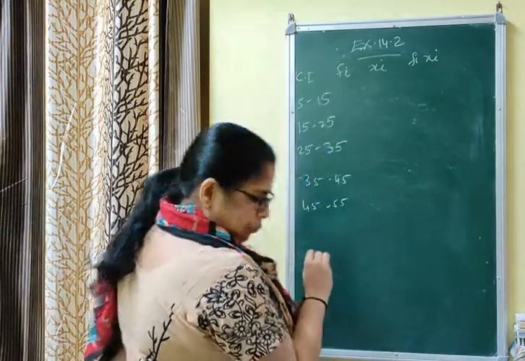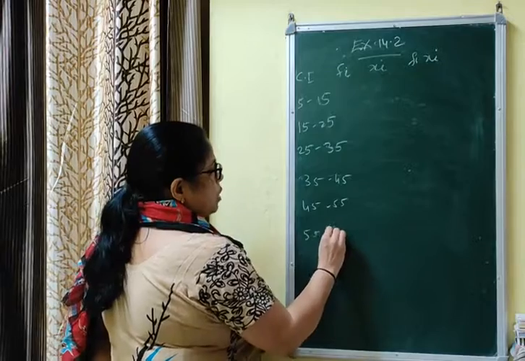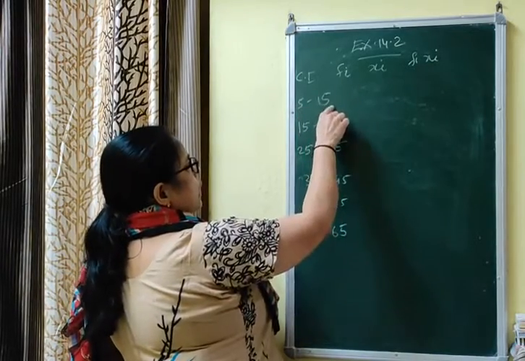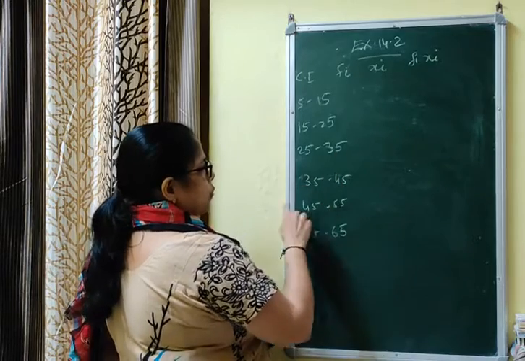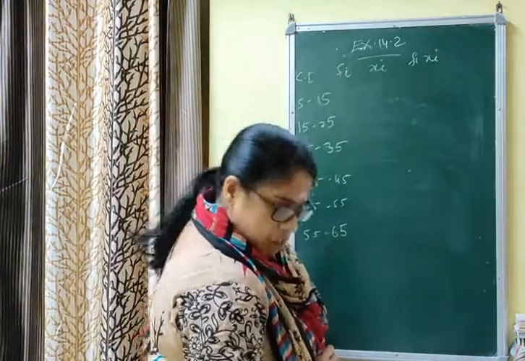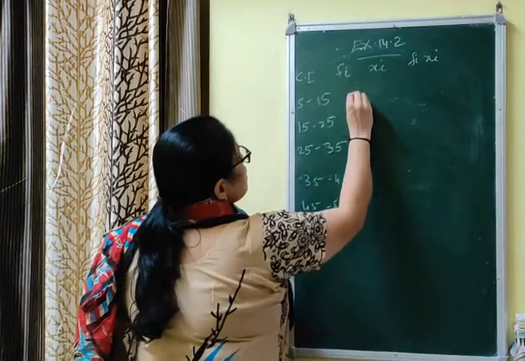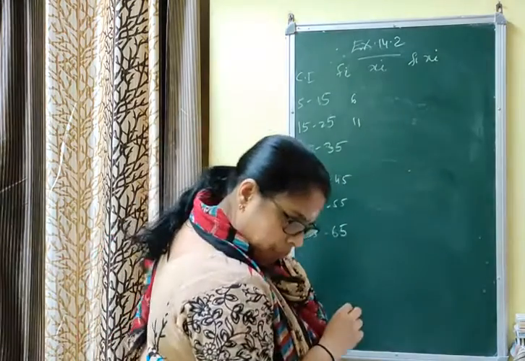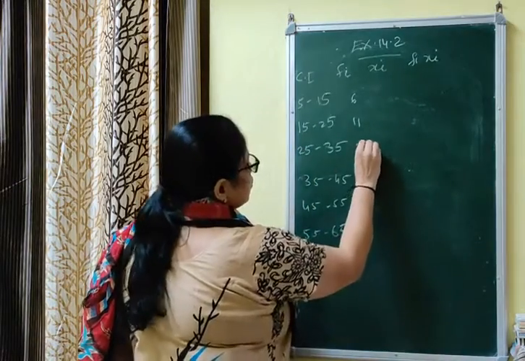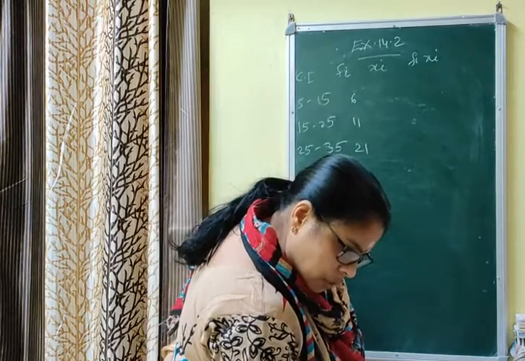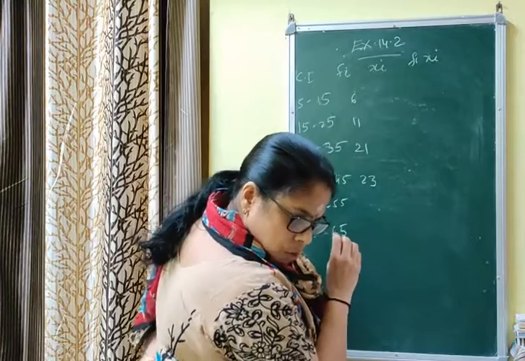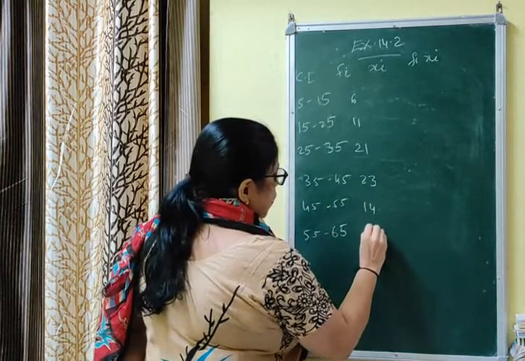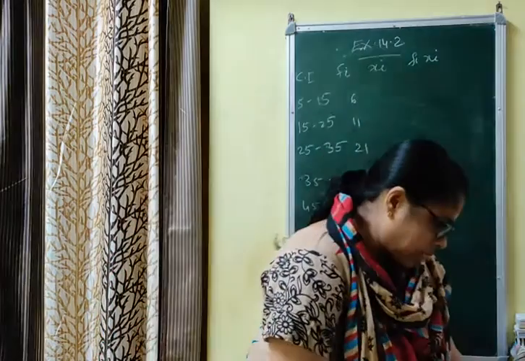Last one is 55 to 65. Once more check: 5 to 15, 10 gap, 15 to 25, 25 to 35, 45, 55, 65. Frequency is given as 6, 11, 21, 23, 14, 5. Now you have to find xi.